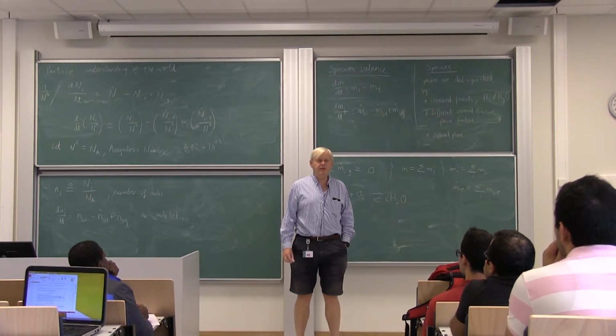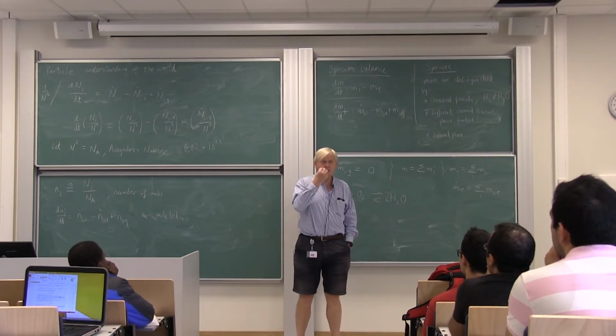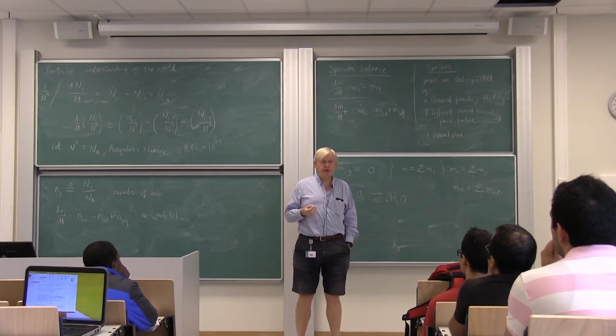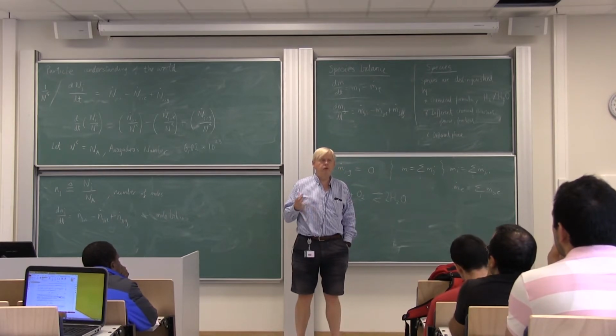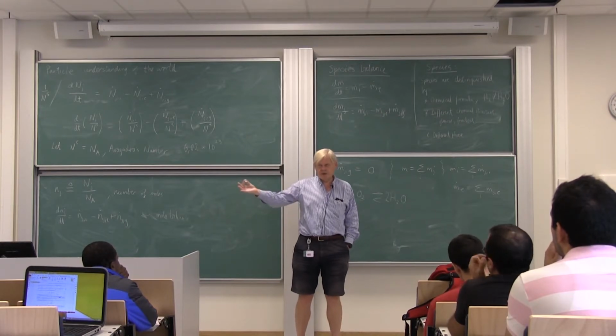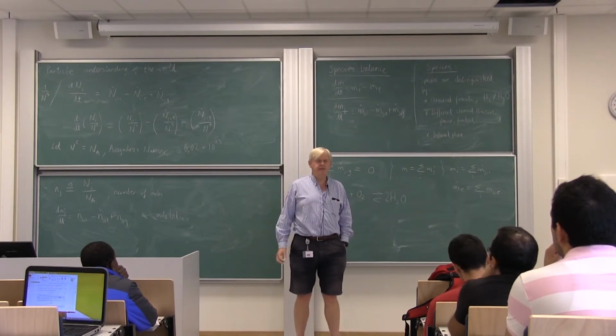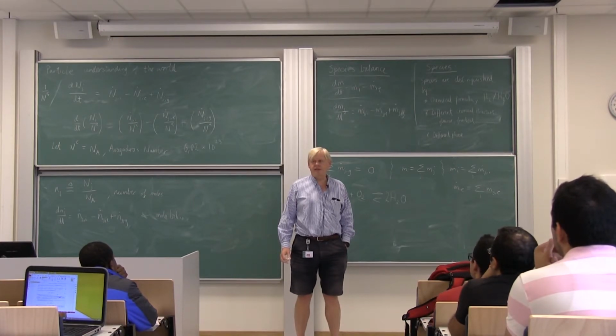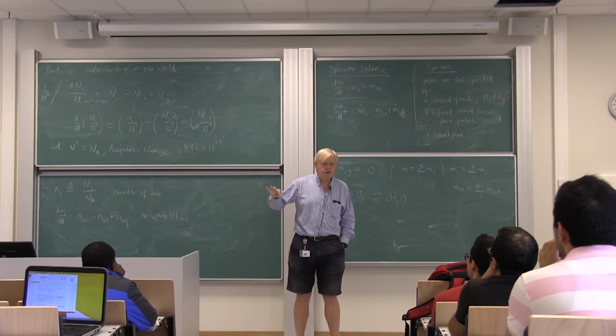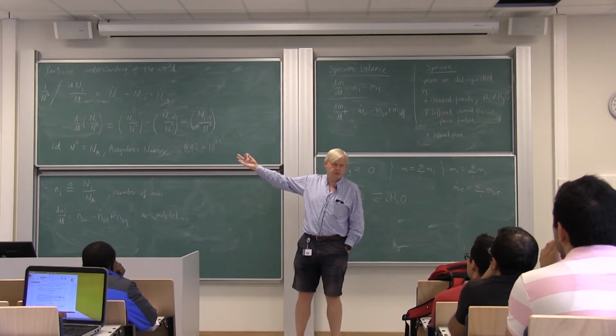All species within a group have the same mass. So all hydrogen particles have the same mass. All oxygen particles have the same mass. If I look at you here and say that one species is people with glasses, most likely you have different mass. And that makes it more difficult to convert from particle description to mass description.